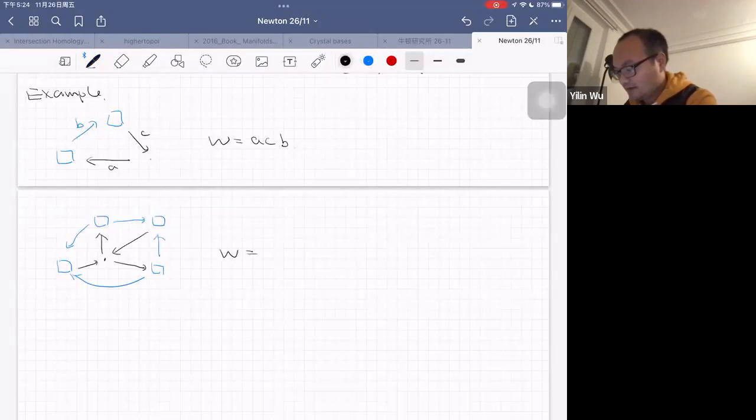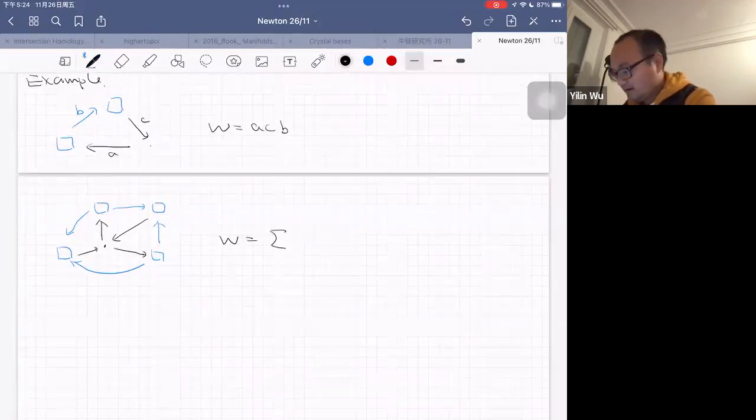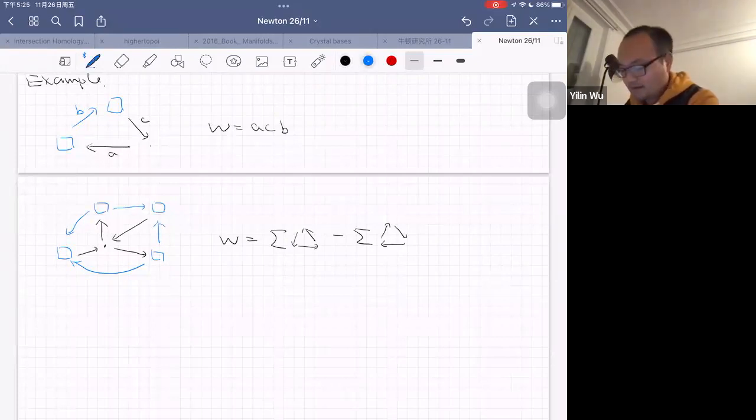In this example, we take the potential to be the alternating sum of this kind of 2-cycle minus the other orientation. For example, in here, the sign is minus, this plus, minus, plus.